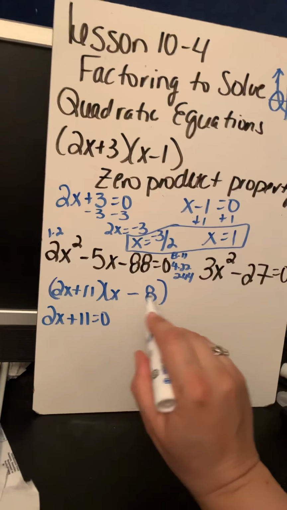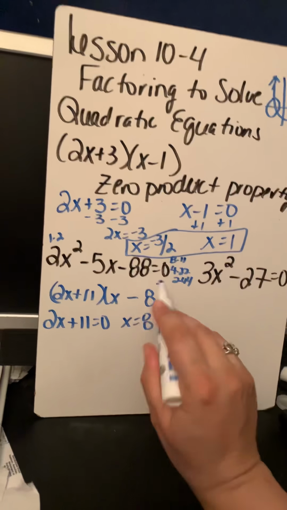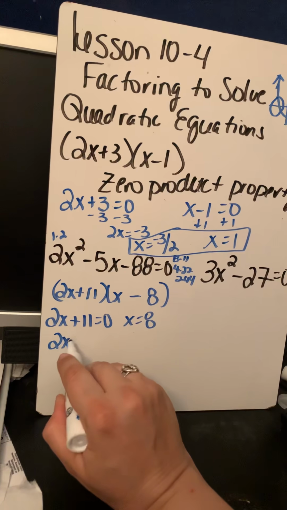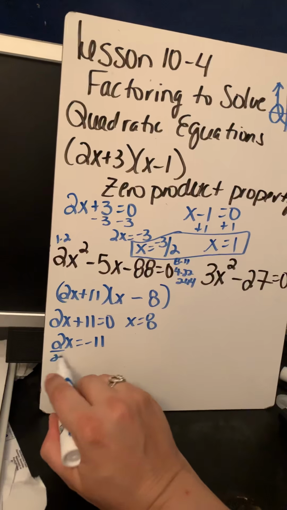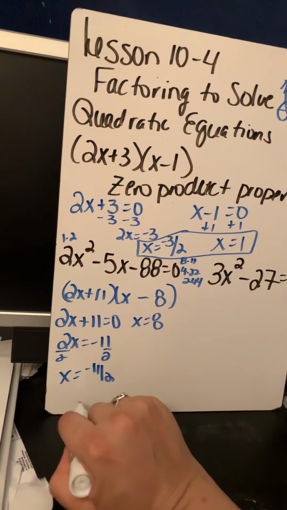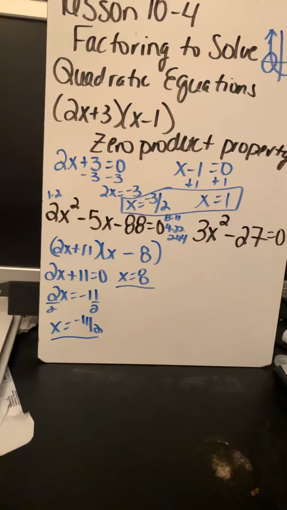This one, just go ahead and do it. X equals positive 8. Remember what I said? Flip the sign on it. This one here, subtract 11. 2x equals negative 11 because we're taking it over to that side. Divide by 2. X equals negative 11 halves. Those are my 2 x-intercepts.